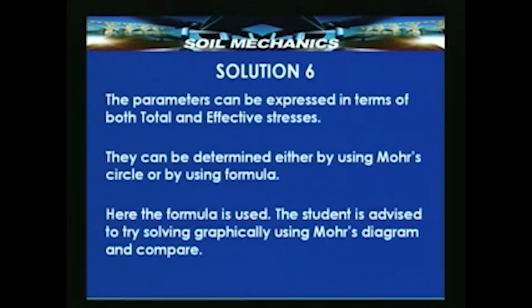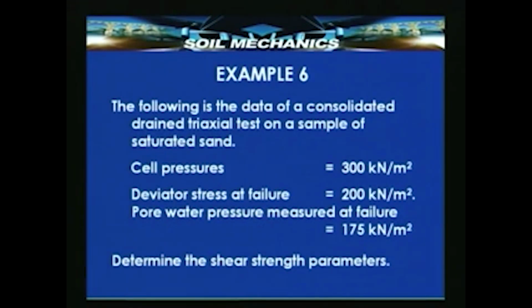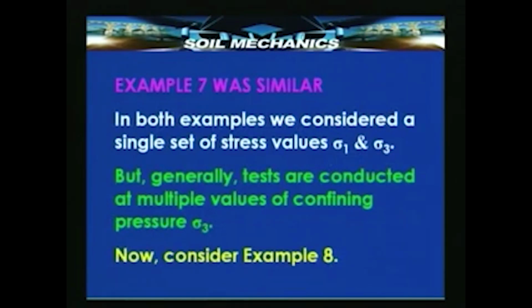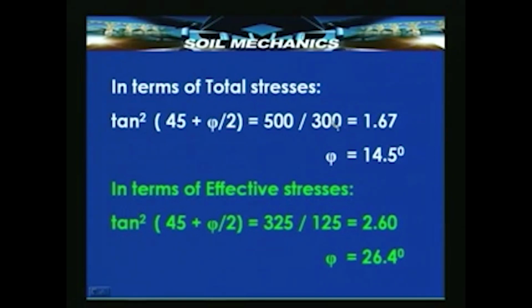You can see here, it is the cell pressure plus the deviatoric stress, that is sigma 1, which is 500. So, sigma 1 upon sigma 3 is what we have here. Sigma 1 by sigma 3 is equal to tan square (45 plus phi by 2). This is an expression which we had seen in one of the earlier lectures, and from this we can get phi equal to 14.5 degrees.